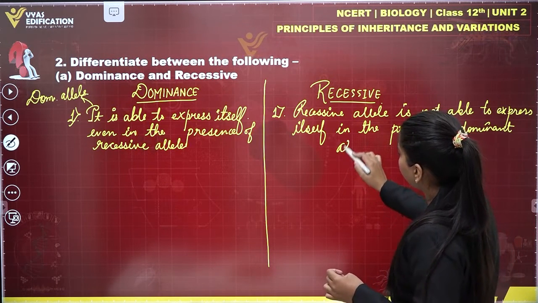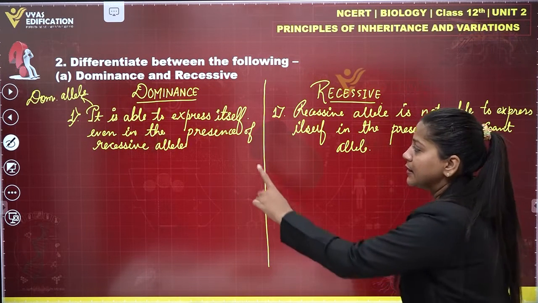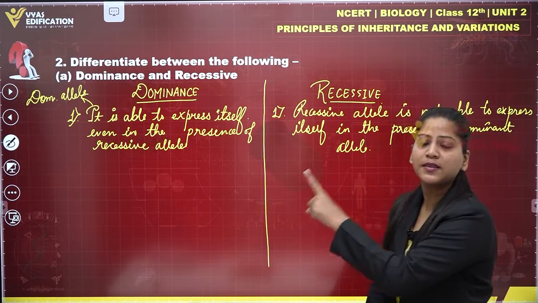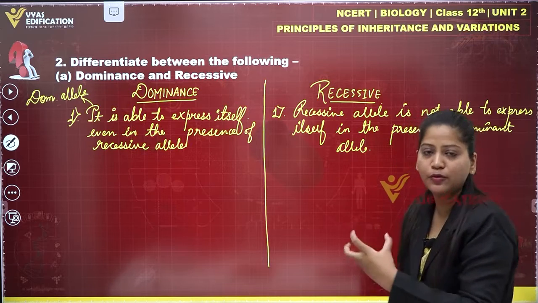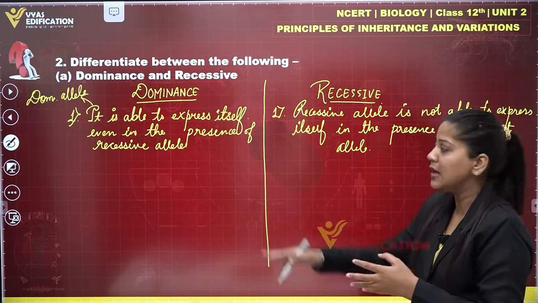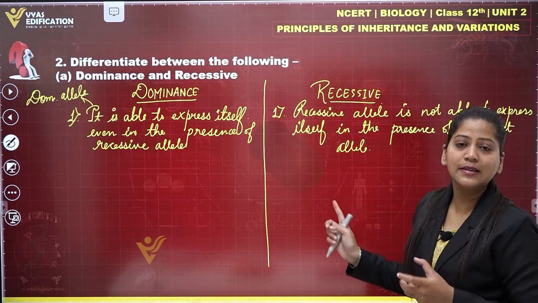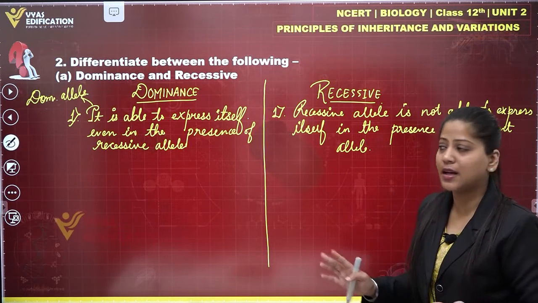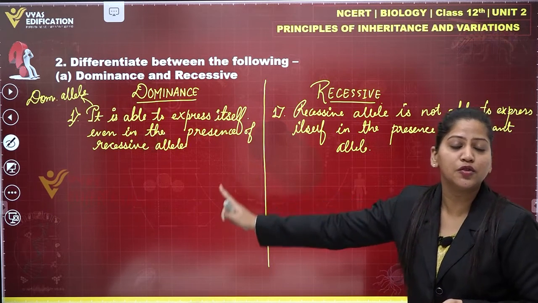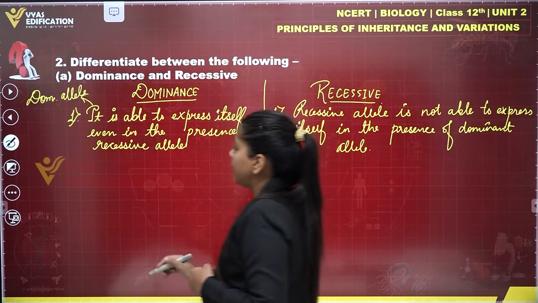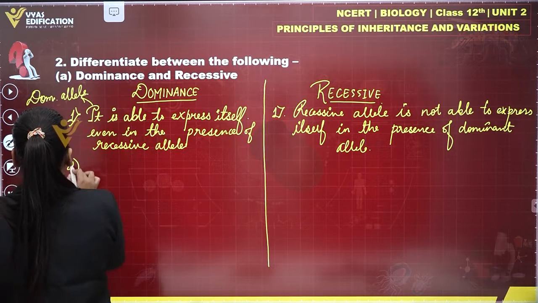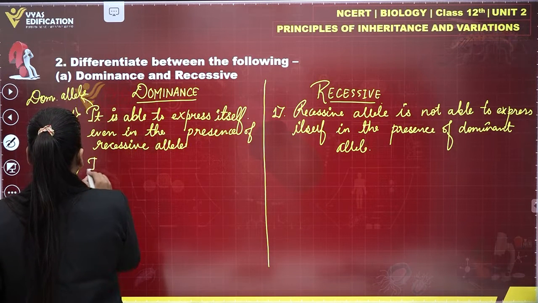This dominant allele can express itself even in the presence of a recessive allele, whereas the recessive allele is not able to express itself if it is present with the dominant allele.